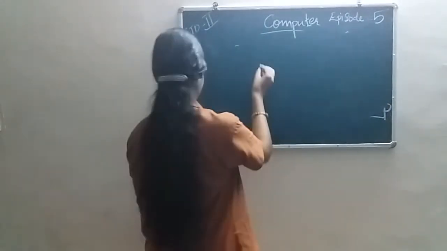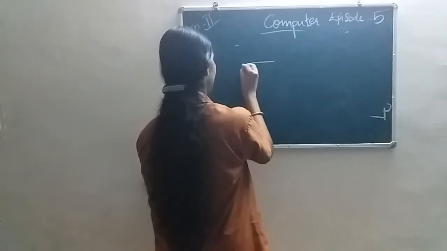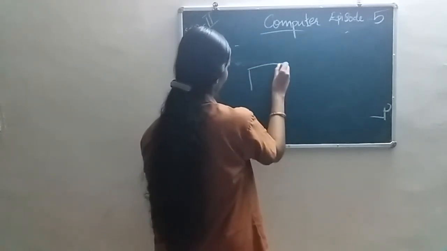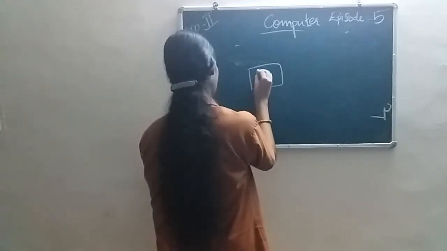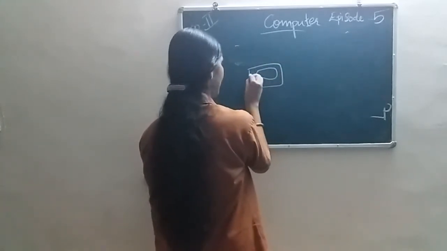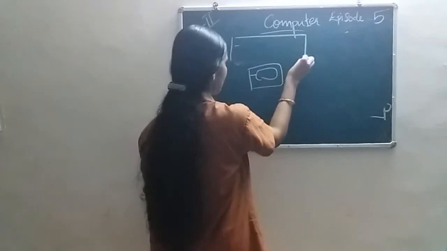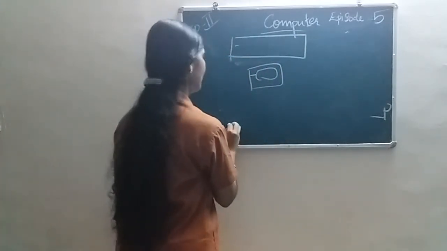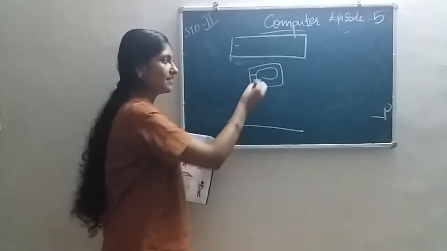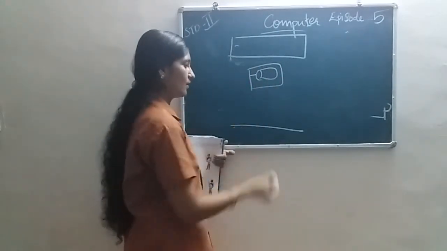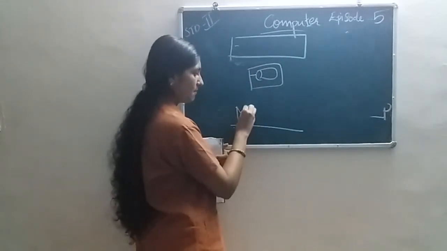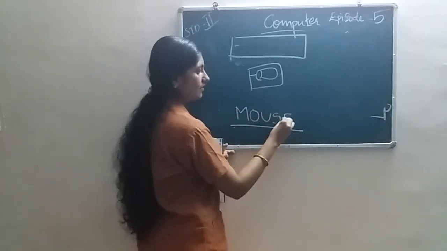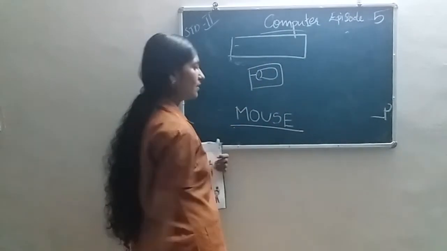There is a mouse, and there is a text box here, and there is a boy, then there is a triangle. So first this picture is a mouse. So write mouse in this blank line and then write the statement of the mouse.